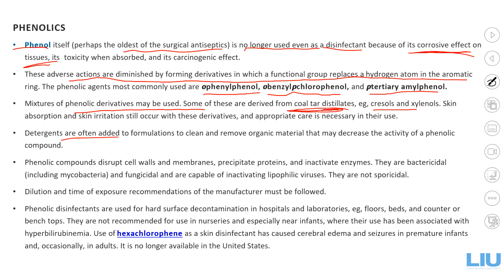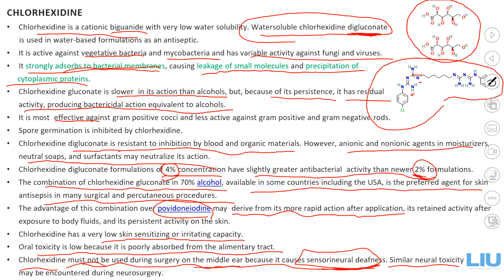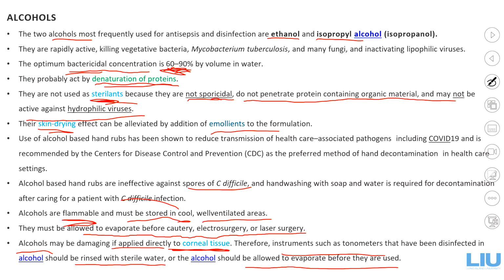Detergents, phenolic combines, disrupt the cell wall. Okay, so the mechanism of action: they disrupt the cell wall and membranes, precipitating protein and inactivating enzymes. This is something I would expect you to know. It's similar to alcohol, where it's denaturation of proteins.